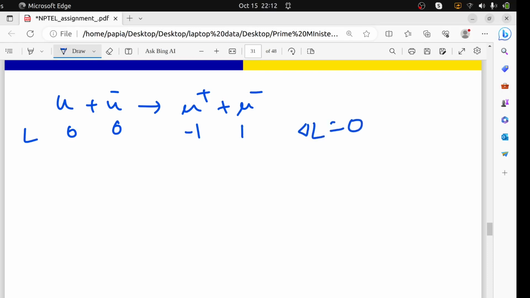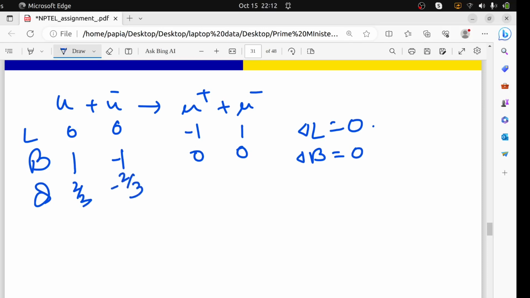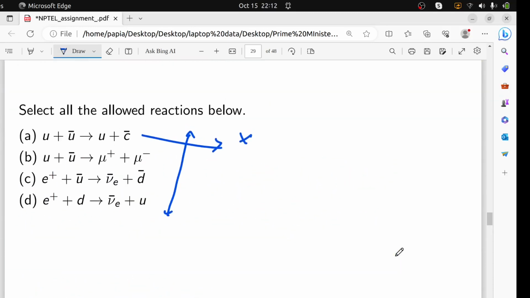Then you can see delta L is 0. Fine. What about B? This is baryon, this is anti-baryon. This is not baryon, this is not baryon. So delta B is 0. Q. It has value 2 by 3. It has minus 2 by 3. It has 1, it has minus 1. So delta Q is also 0. Now you can see that L, B, Q are conserved. So that means this process is allowed. So this option is allowed.